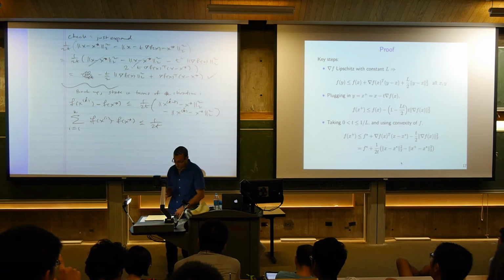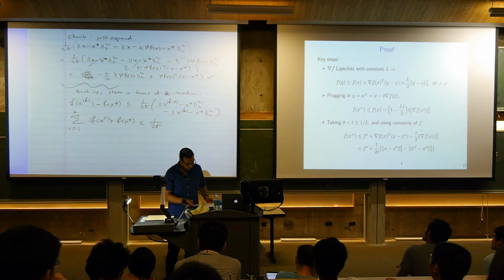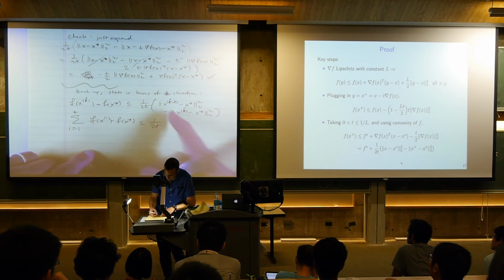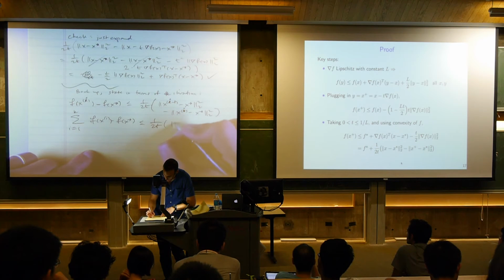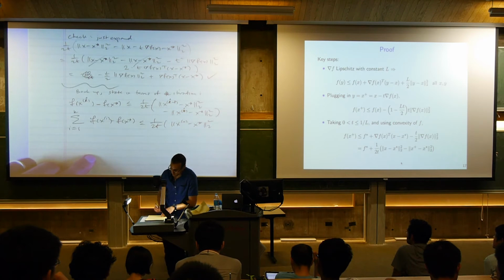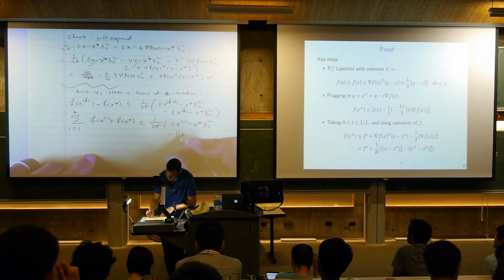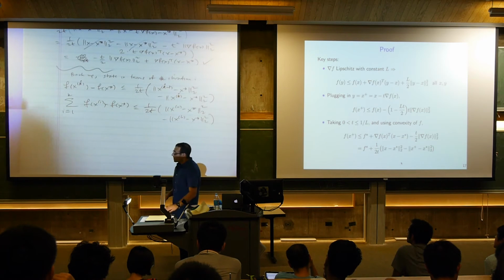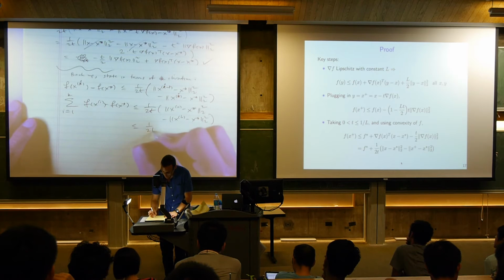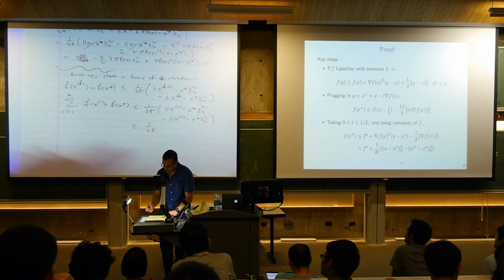So all these terms are going to cancel except for two terms: the very first term, when i was 1, so I get x0 minus x star squared, and the very last term when i was k. And we can further upper bound this just by getting rid of this term xk because it's negative.